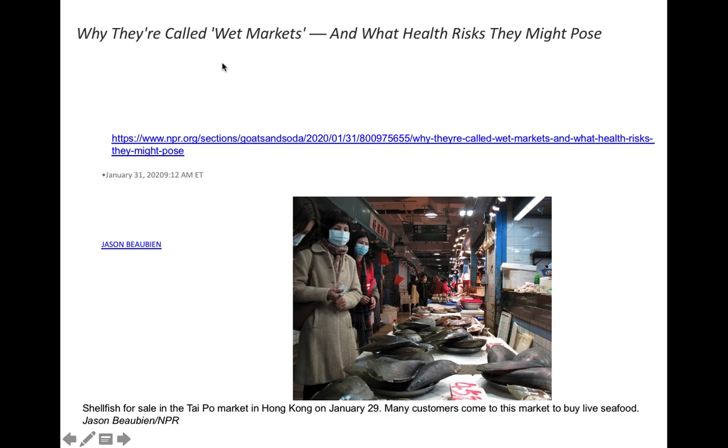One of the challenges is that often you have a lot of live animals, domesticated and wild animals, crowded together in cages. I haven't seen pictures of the Wuhan wet market. This is in Hong Kong. But one of my colleagues said that some of the photos she saw were really disturbing, like animals piled in cages, one on top of one another, so they're defecating and urinating on one another.